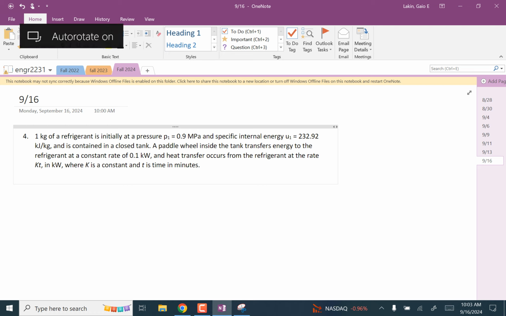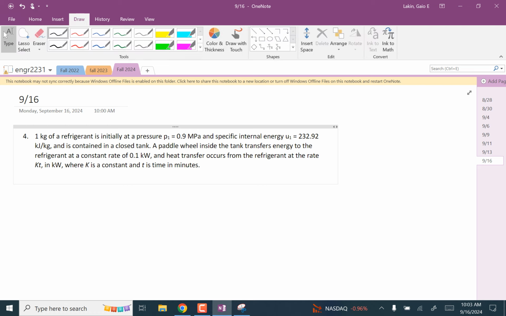So we've got this refrigerant with a pressure and specific internal energy contained in a closed tank.